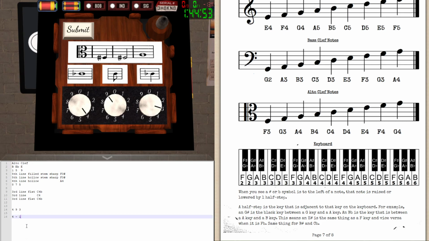So 4 minus 1 is going to equal 3. I'm going to do it for each one. 9 minus 5 equals 4. Then I also have 3 minus 9 equals negative 6.